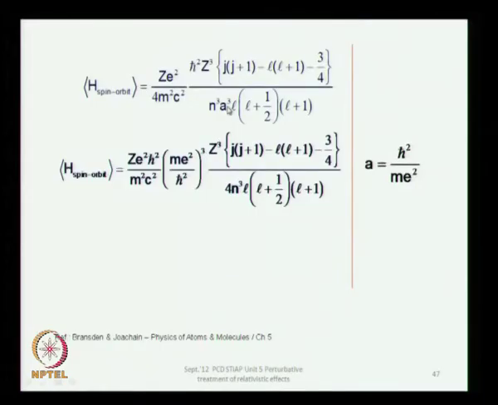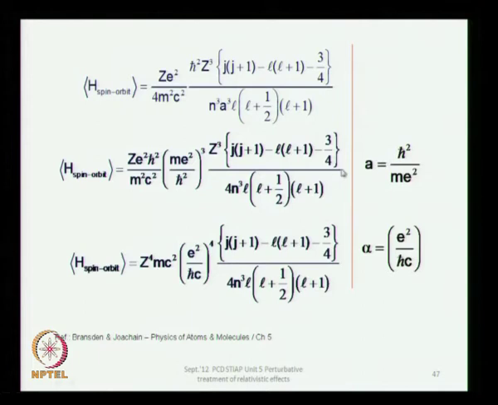So, this gives us the correction due to the spin orbit interaction, and you can write the Bohr radius in terms of the fundamental constants, so that you write it in a form which will let you recognize the appearance of the fine structure constant, which is important to relativistic effects.